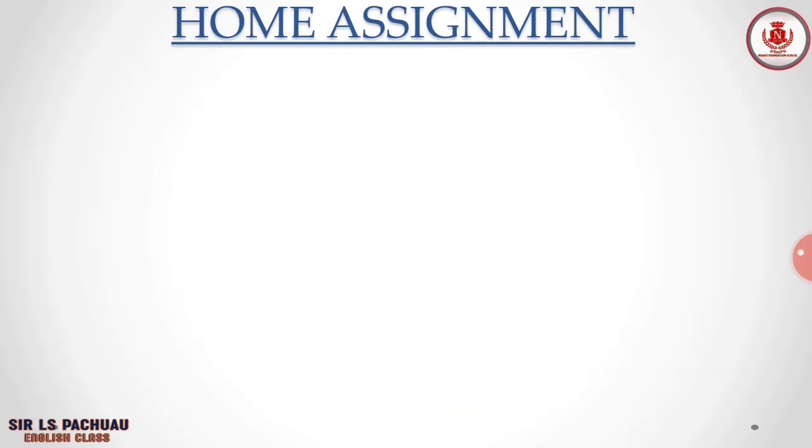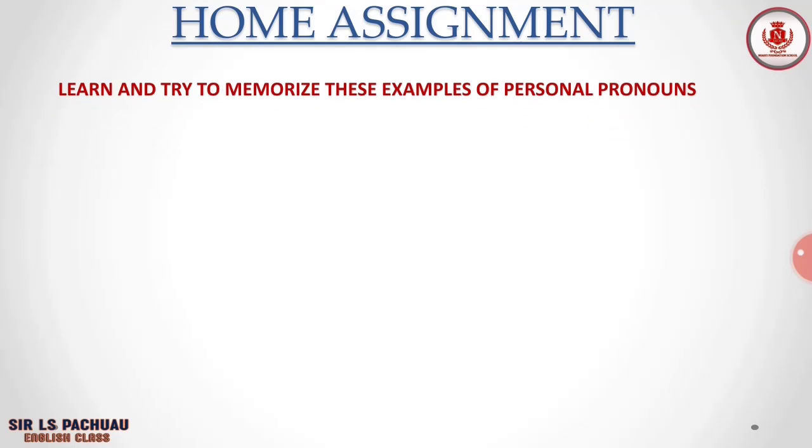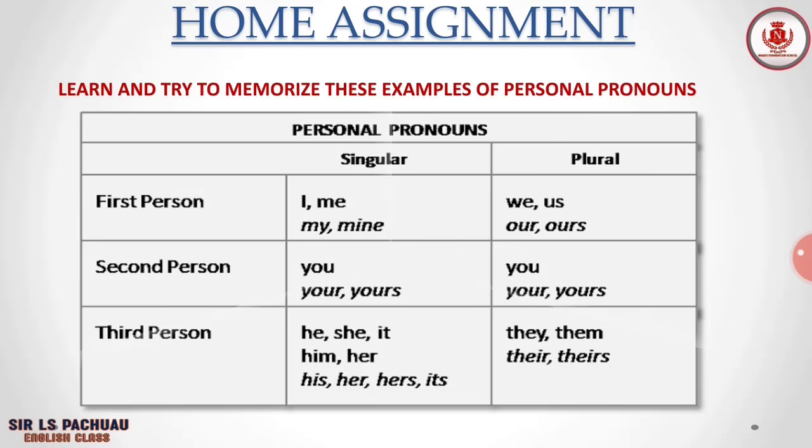So for your home assignment, learn and try to memorize these examples of personal pronouns. Understand? Here I want you to learn this again. You might have learned it before with Miss Belinda, but I just want you to learn this, because if you don't memorize it, it can come as a problem.